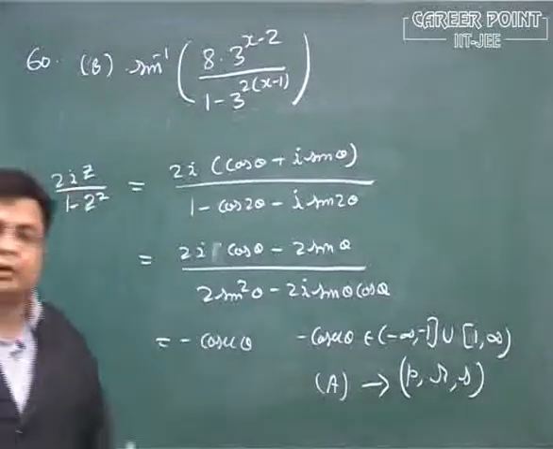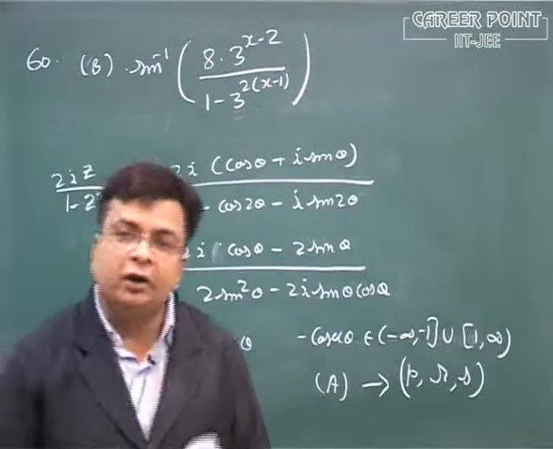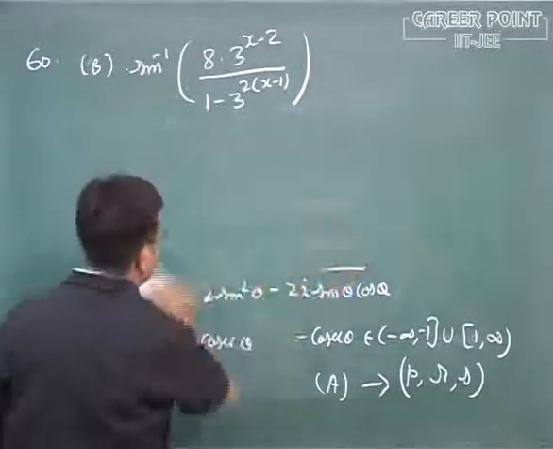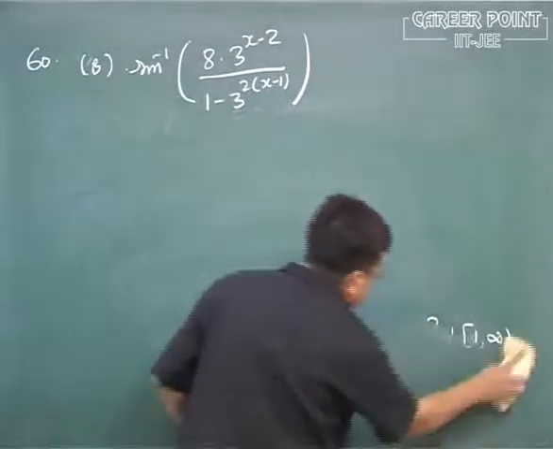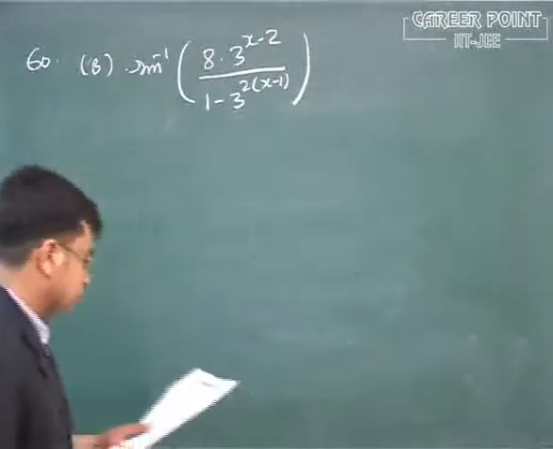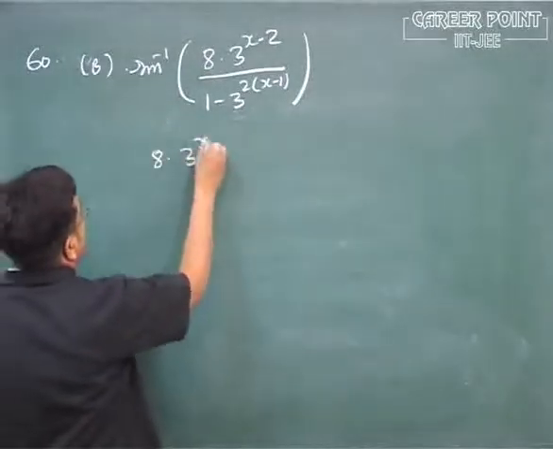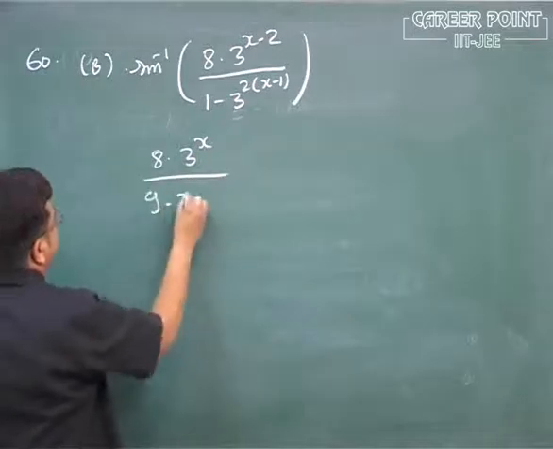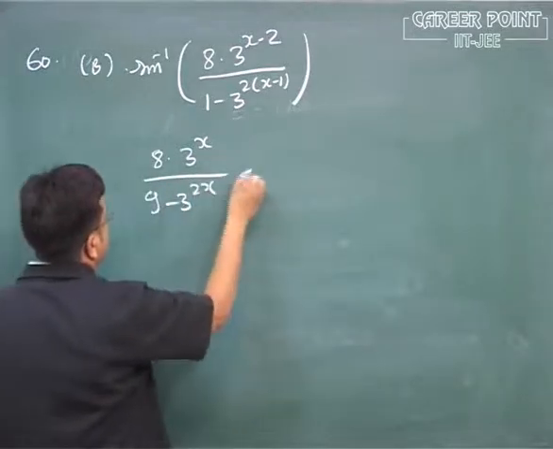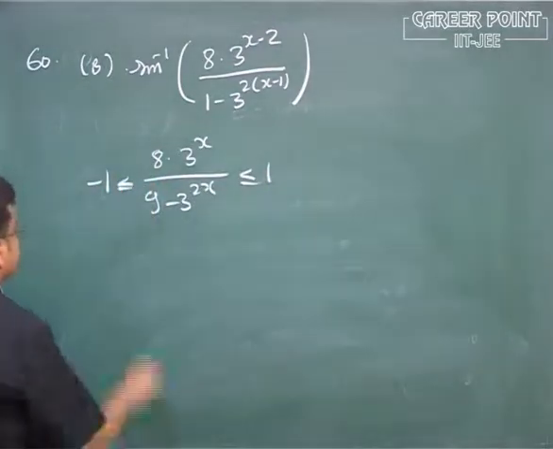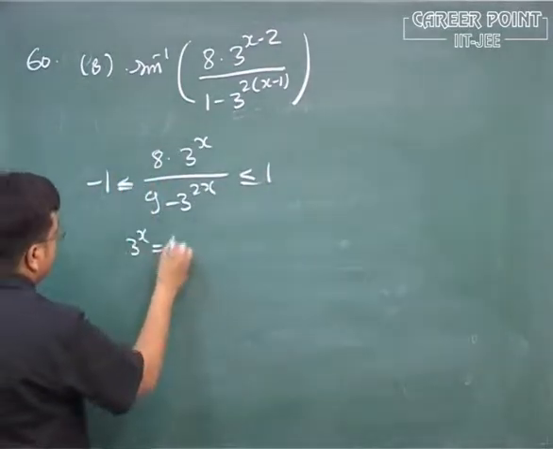Now, as we know, the domain of sine inverse x is minus 1 to 1. x must belong to minus 1 to 1. So, 8 into 3 raised to the power x upon 9 minus 3 raised to the power 2x must lie between minus 1 to 1. Let 3 raised to the power x be equal to t.